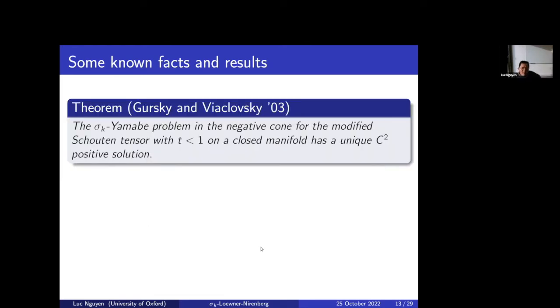Okay, so the first result in this context is due to Gursky and Viaclovsky in this negative case around 2003, where they show that the sigma k Yamabe problem on a manifold for the modified Schouten tensor with t strictly less than 1 has a unique C2 positive solution.